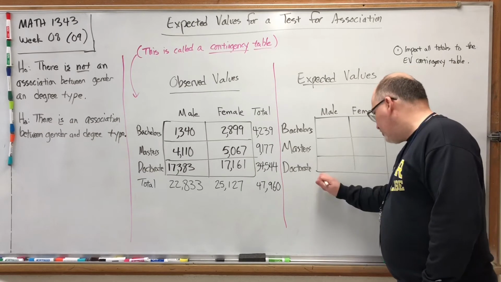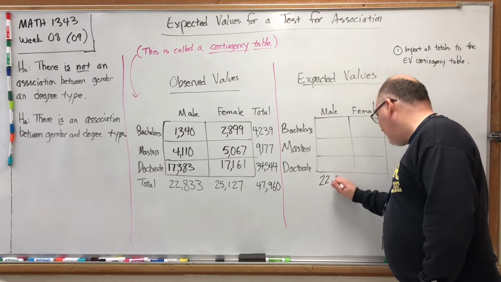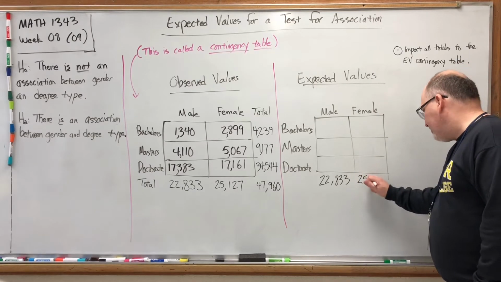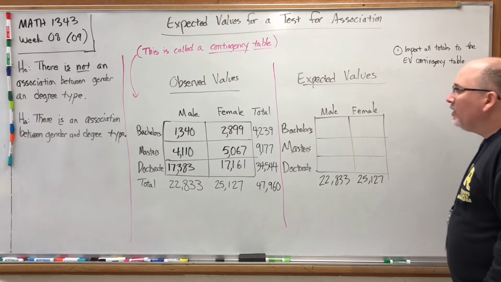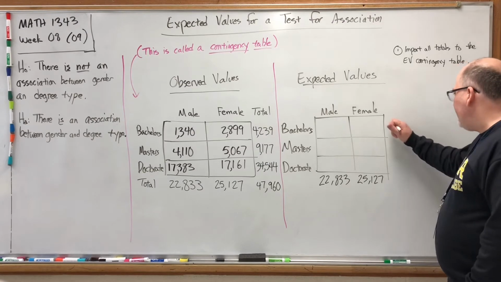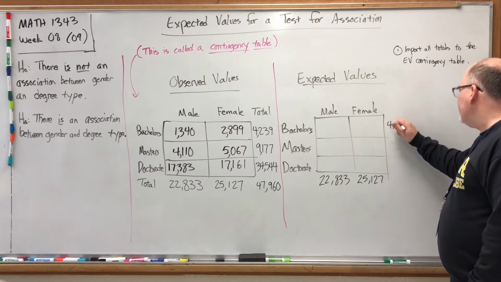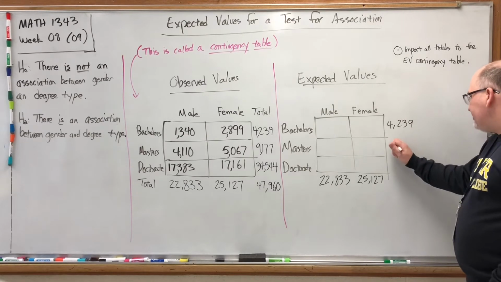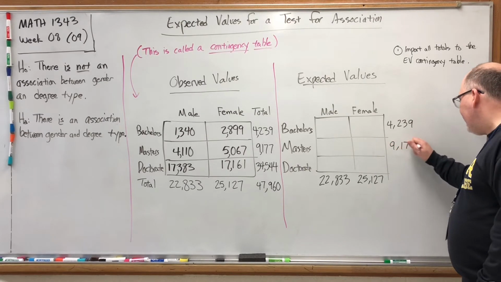Total number of males, 22,833. Total number of females, 25,127. Total number of bachelor's degree recipients, 4,239. Total number of master's degree recipients, 9,177.